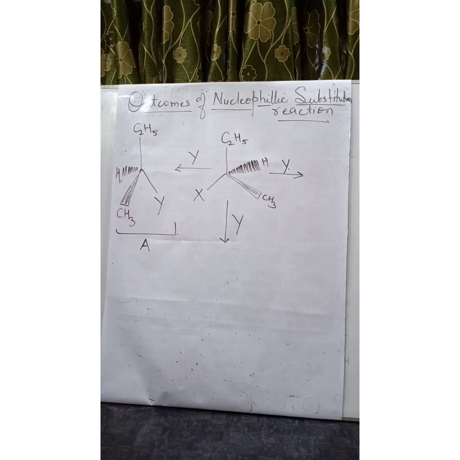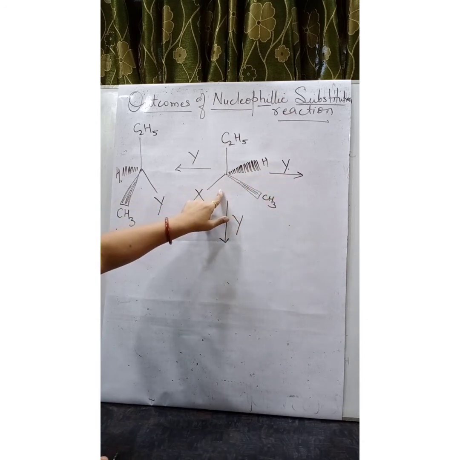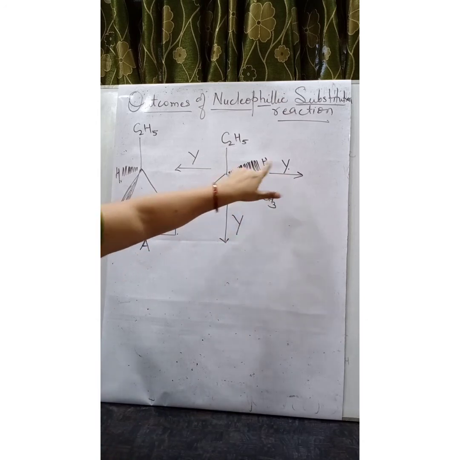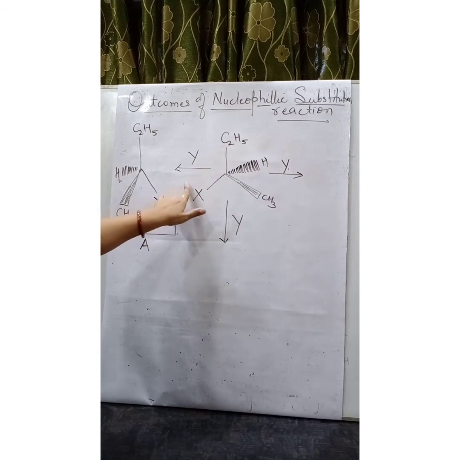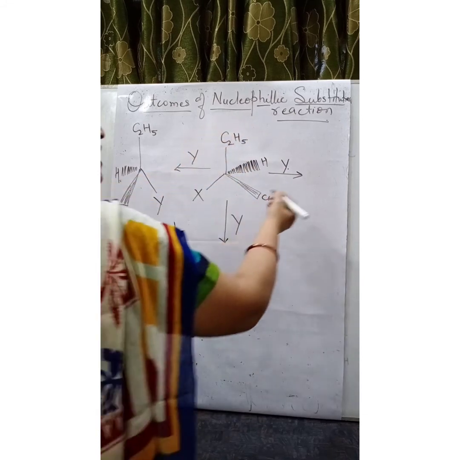Another outcome: nucleophile Y is attacking the substrate. It attacks and replaces this halogen group without any change in the configuration of the substrate.